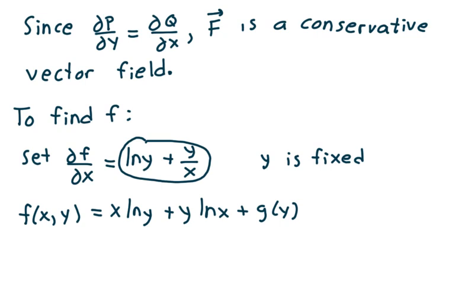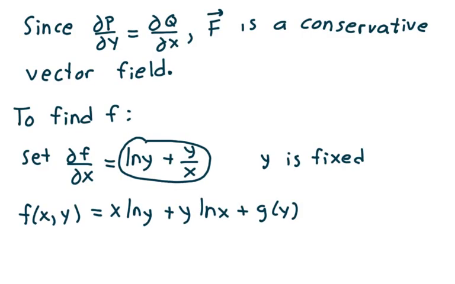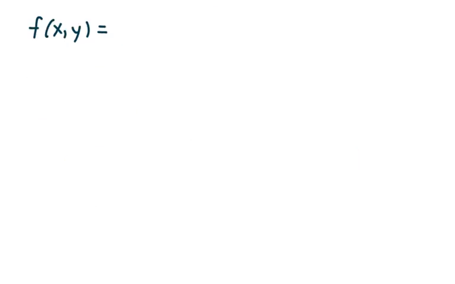And that's why I add that g of y at the end. So let's rewrite this over here. So f of xy is equal to x times natural log of y plus y times natural log of x plus g of y.